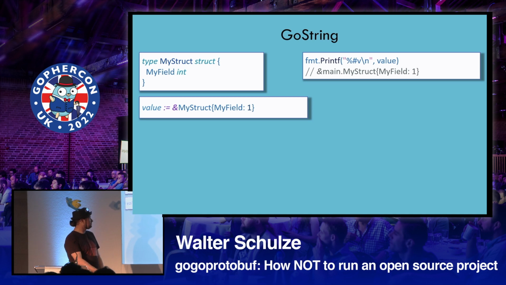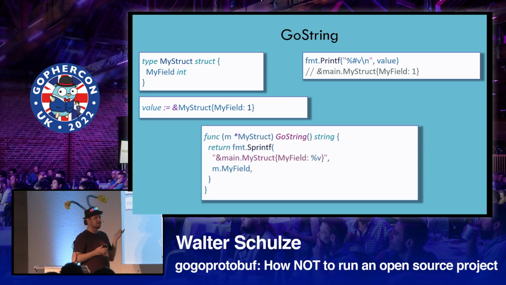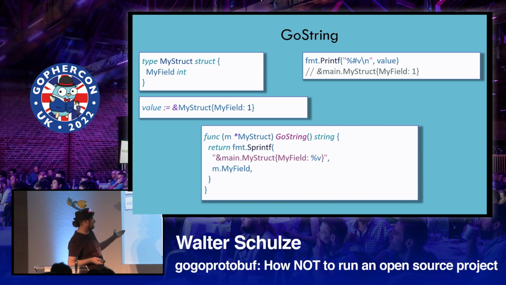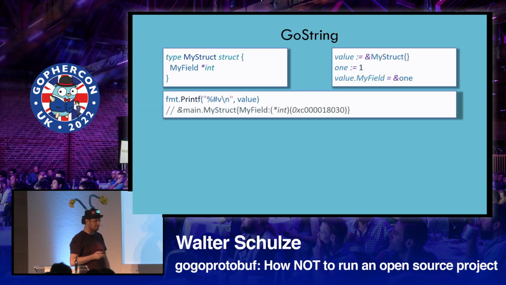But you can actually override the behavior with the GoString method. So whenever you call print with %#v, it first checks, hey, do you have a GoString method? And then it will use that rather than trying to figure out how to do it itself. Here I'm just printing out exactly the same thing, but it's just for demo purposes.